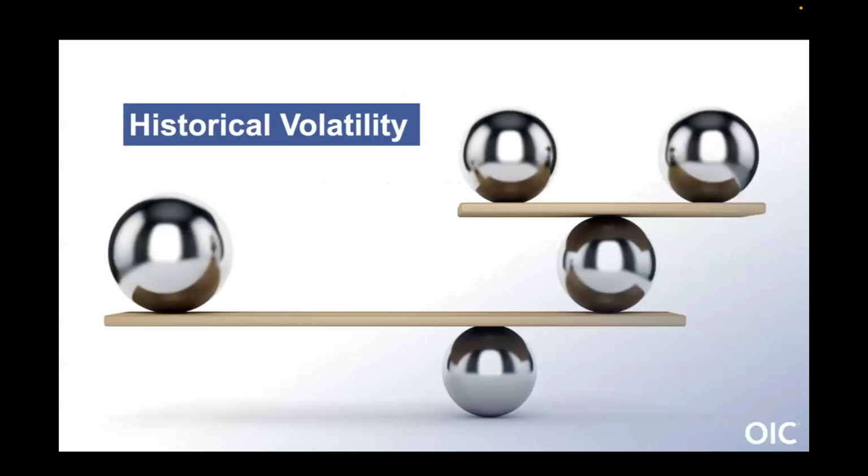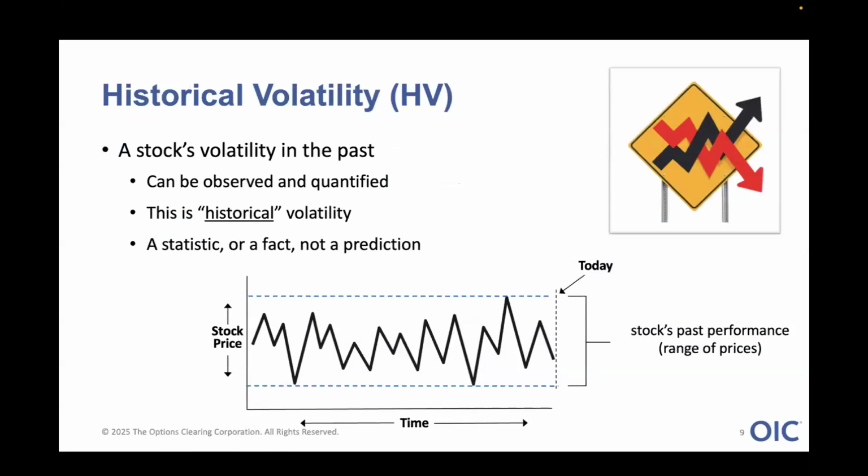Okay, so let's look at historical volatility again. So once again, when I talk about historical volatility, what I want you to think about is that it's a backward-looking metric, and it's telling you how volatile, once again, a stock has been in the past. Okay, so it's a rear view looking metric, and it's not a prediction, it has no predictive value whatsoever. It's just showing you how volatile a stock has been.